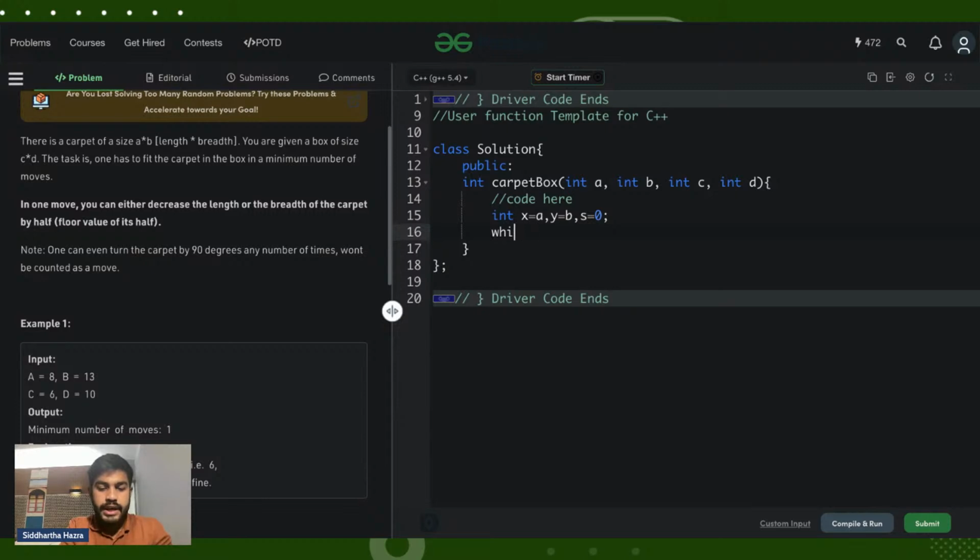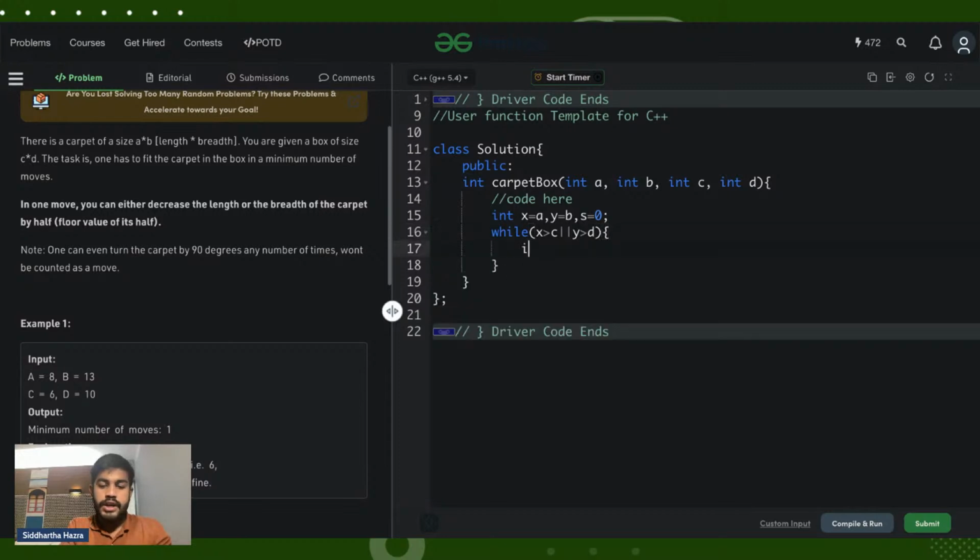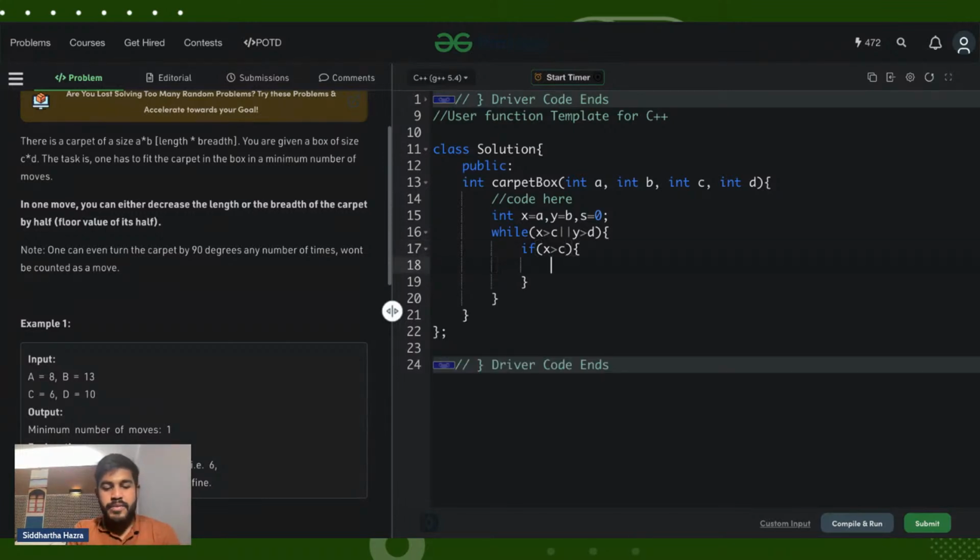Okay, so we would say while the length is greater than what is given, or the breadth is greater than what is given. Okay, so we would say if x is greater than c, then we would divide x by 2.